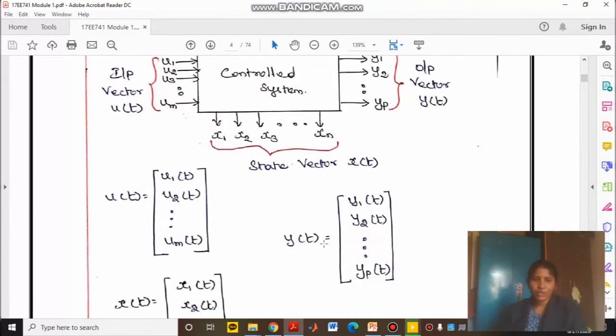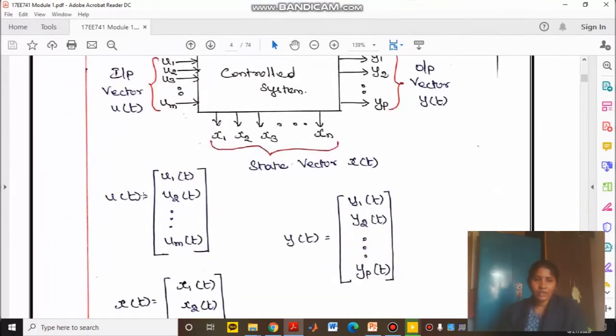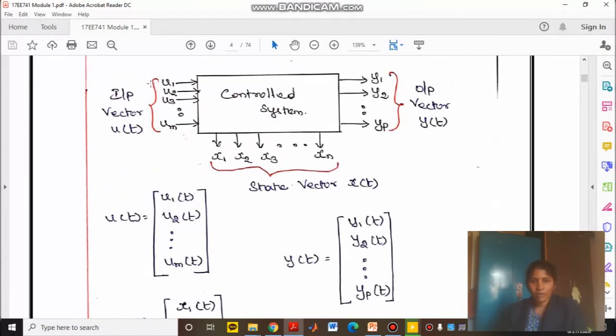So when you write it in matrix form, u of t, that is the complete applied input, is equal to however many inputs you have applied, which you need to represent inside the matrix, that is u1 to um. So we can write it as u1 of t, u2 of t, u3 of t, and so on till um of t.